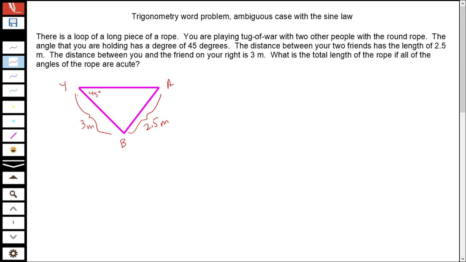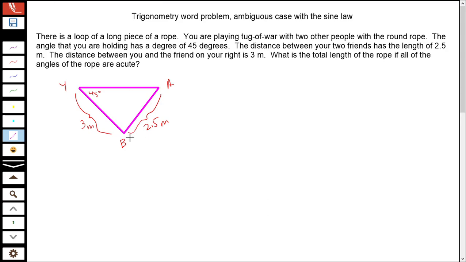When we are drawing our triangles, we actually have 2 different possibilities. I actually drew it correctly with all the triangles having acute angles. However, we could have a non-acute angle, which is an obtuse angle. If you look at the information that's given, we got a 45 degrees, and the distance between the 45 and one of the sides is going to be 3.